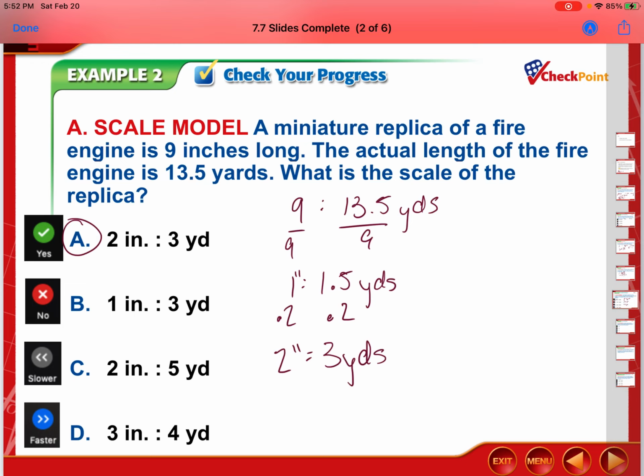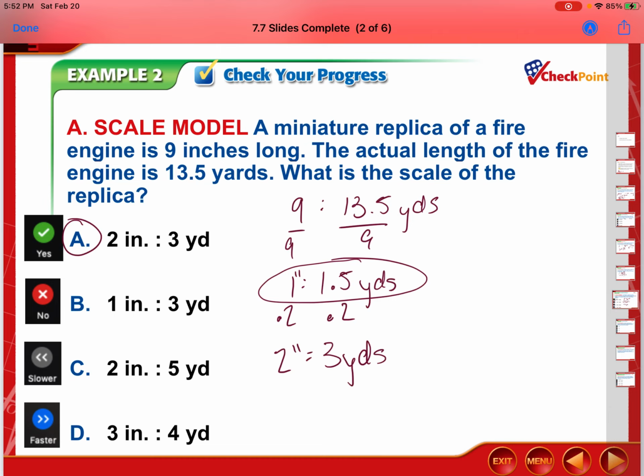So I would see that A is the answer. Not in love with that question, but you can always take it down to 1, and then you can back off from there, and you can multiply back up to whatever your options are, because it's really easy to manipulate once it's in 1 to whatever format.